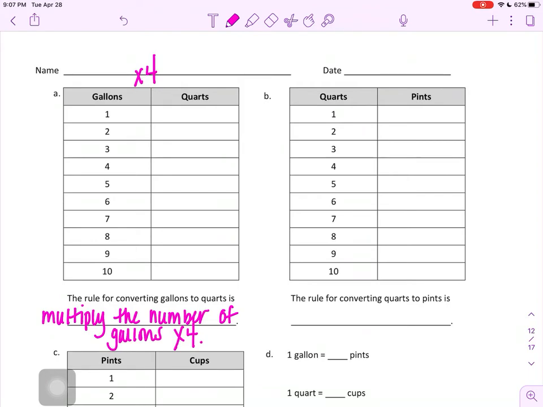Okay. So quarts to pints, we are going to multiply the number of quarts times 2, because 2 pints equals 1 quart. So the rule for converting quarts to pints is multiply the number of quarts times 2.